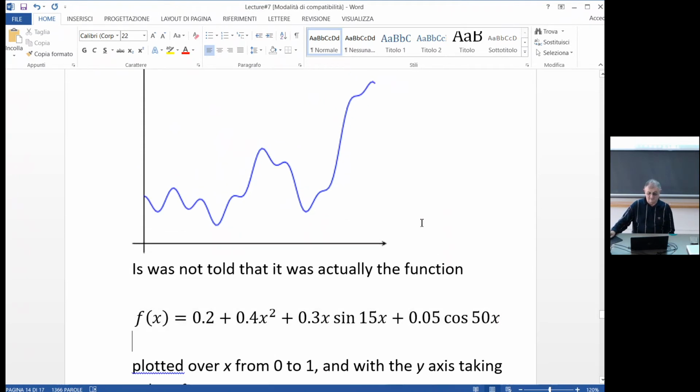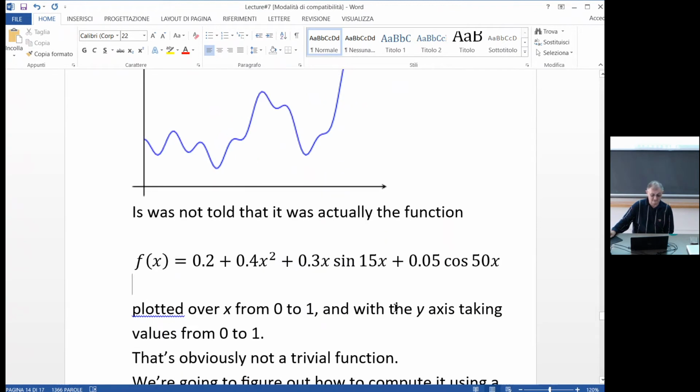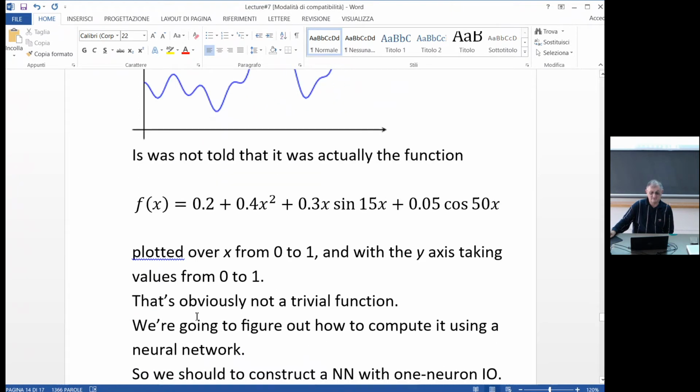You see, this is the function 0.2 and so on, plus 0.4 x squared plus coefficient 0.3 x sinus 15x plus 0.05 cosinus 15x, plotted over x from 0 to 1, and with the y-axis taking values also from 0 to 1.